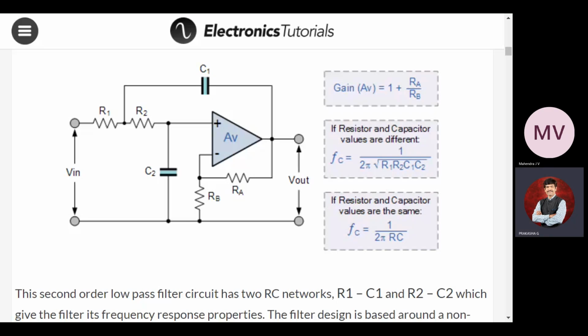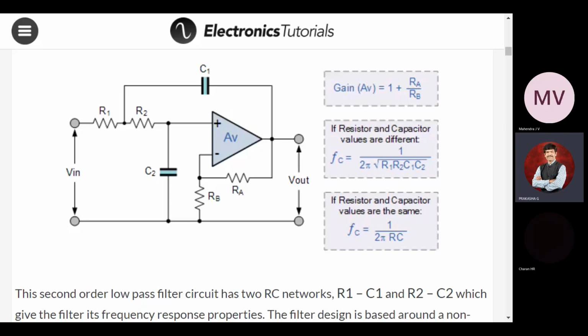A variable resistance we can go for. This is fixed, this is fixed, and this I can vary. If you want different frequencies, fix the C value and keep varying the resistance value, and you will get different frequencies.